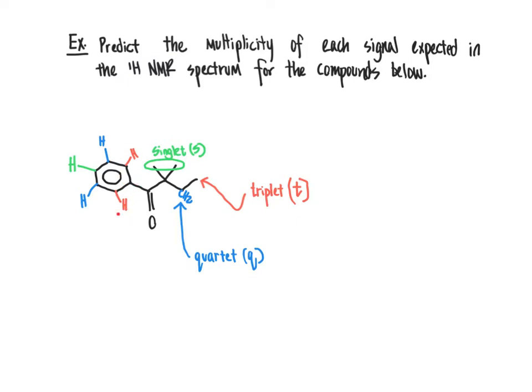And as it turns out, these 2 will show up in the spectrum as a single signal right there. So we would have one multiplicity to predict that is going to apply to both of those. The reason why they show up as a single signal is we could think about rotating around this carbon-carbon bond here, this carbon-carbon single bond.